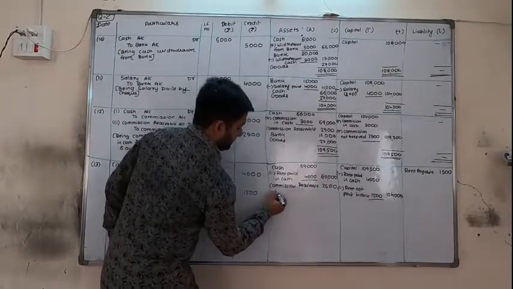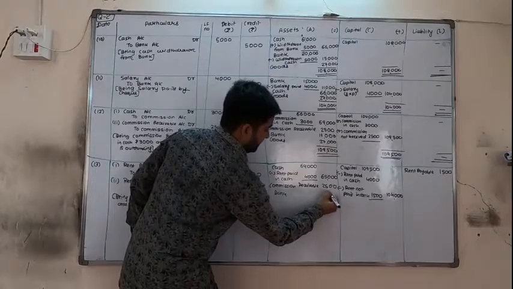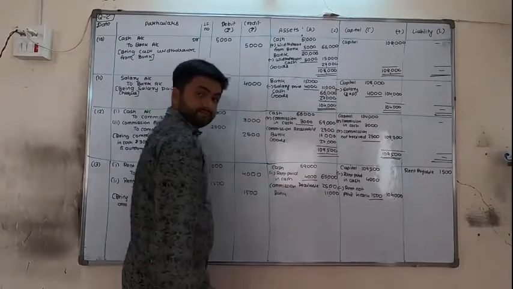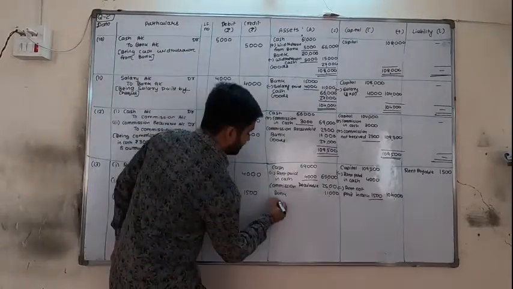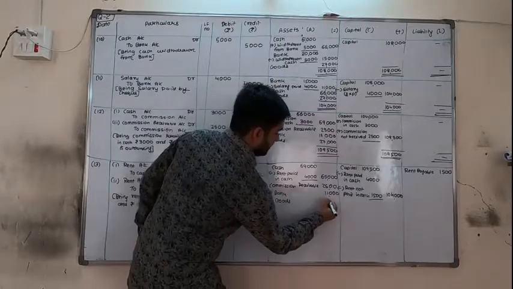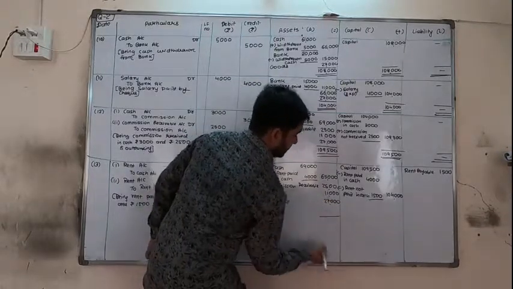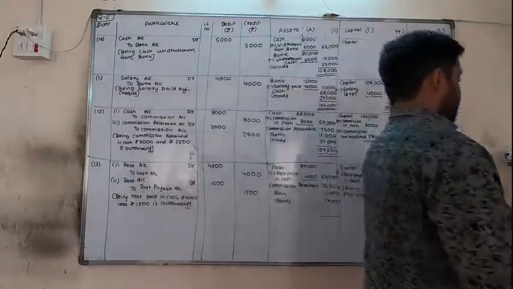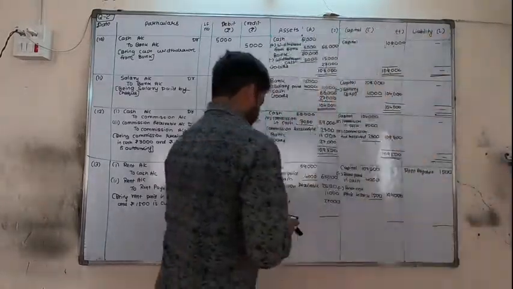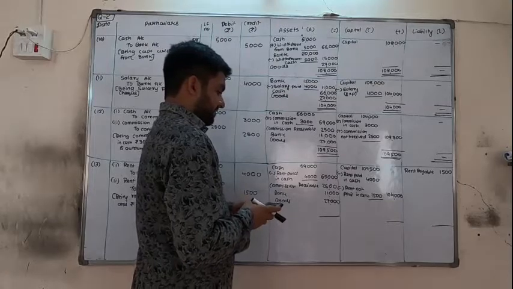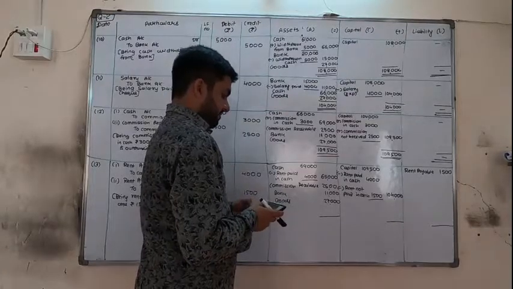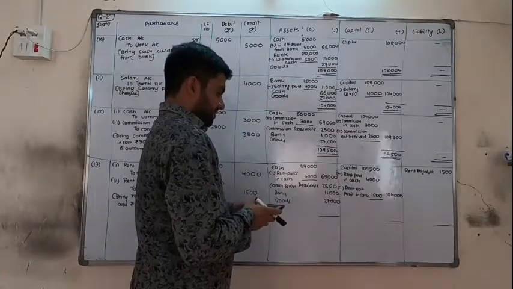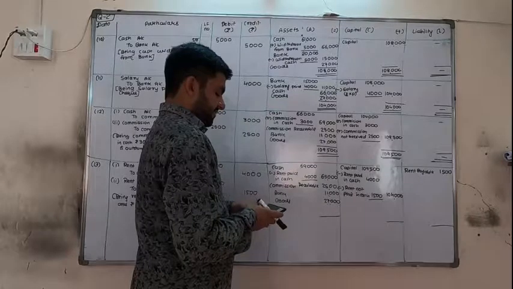$2,500, bank 11,000, and goods 27,000. Now let's take the total. $65,000, 2,500, 11,000, and 27,000.